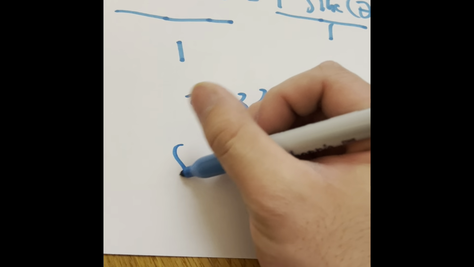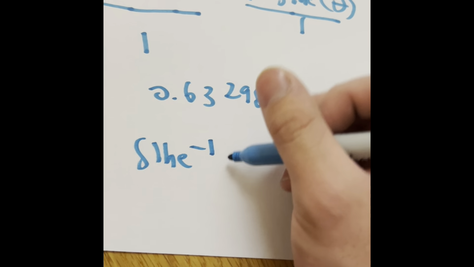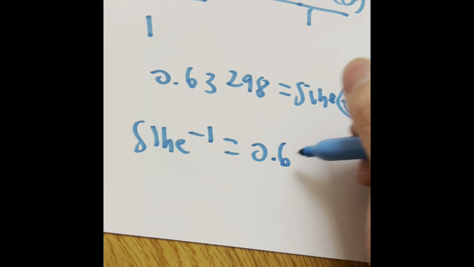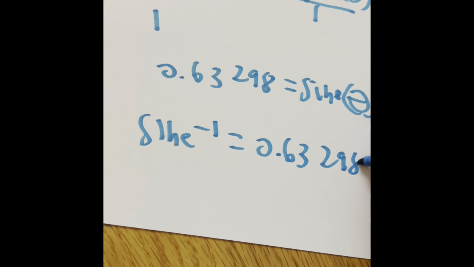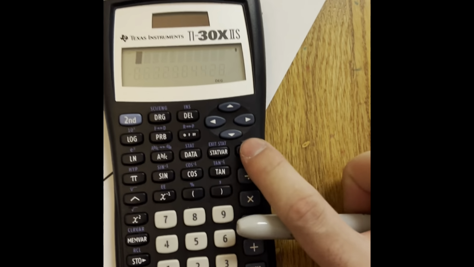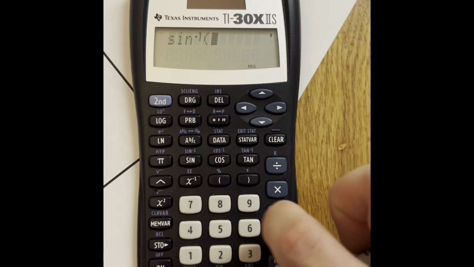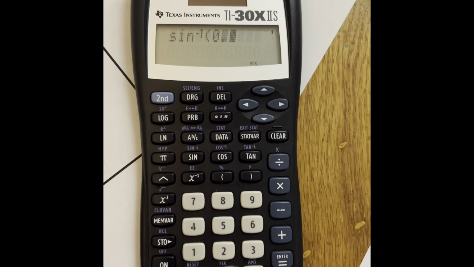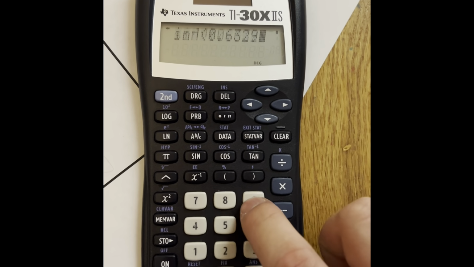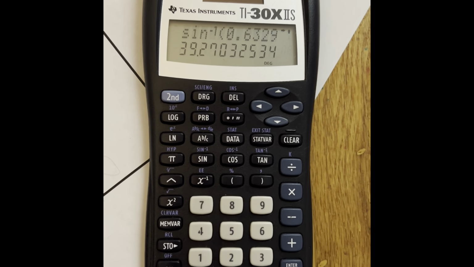Now we have to do the inverse sine, sine negative 1, of 0.63298, and that's going to bring us to 39.27 degrees.